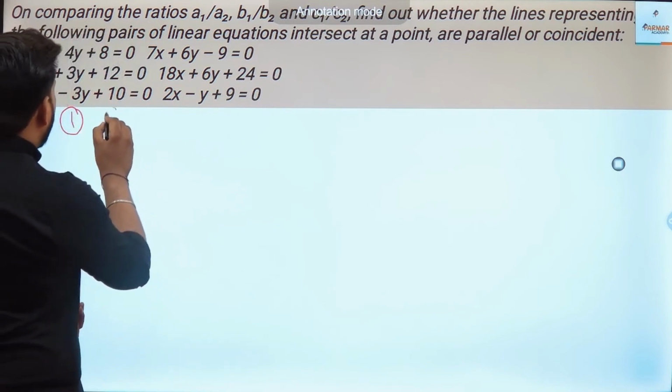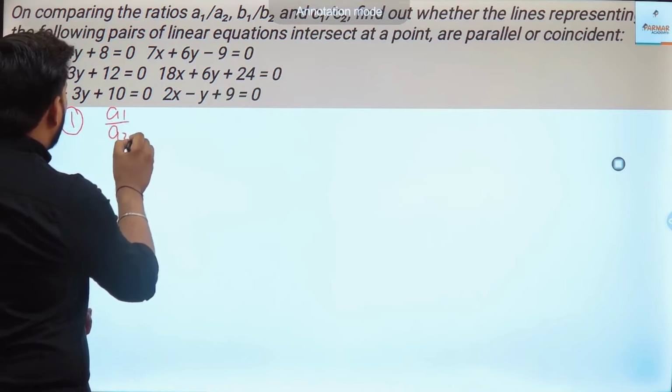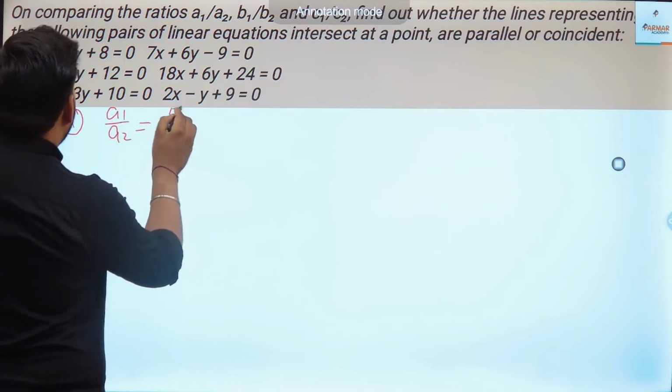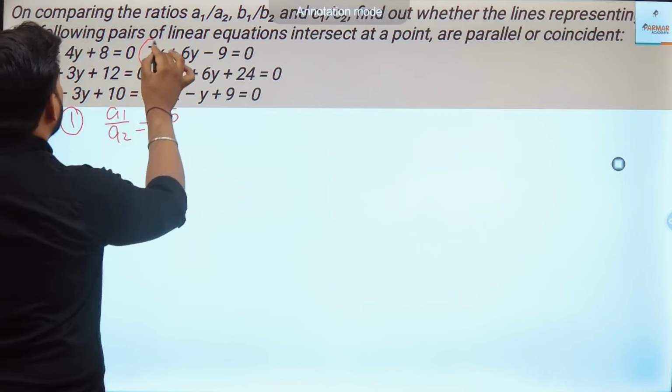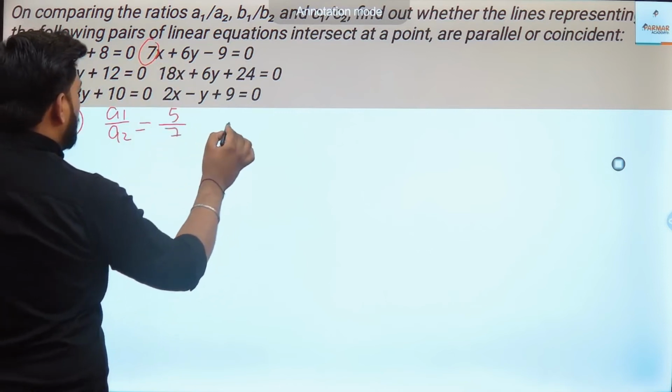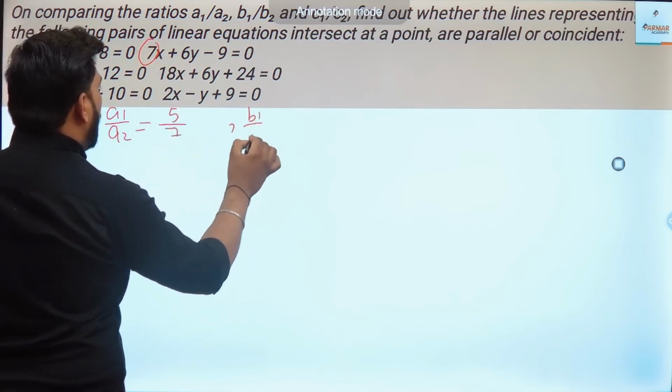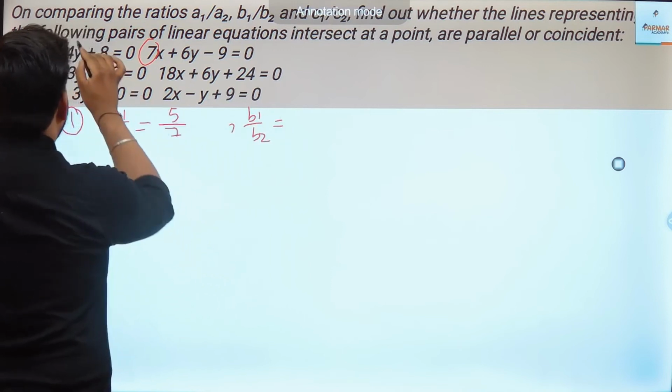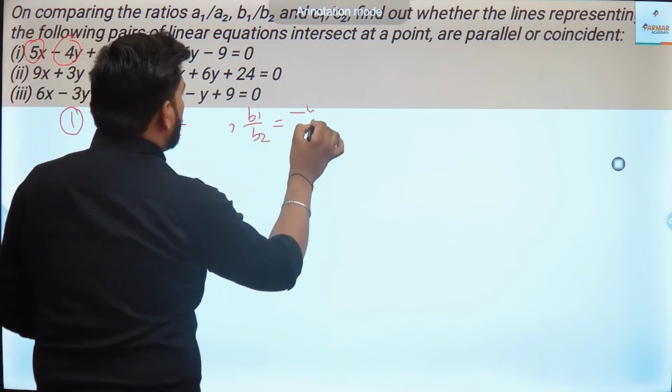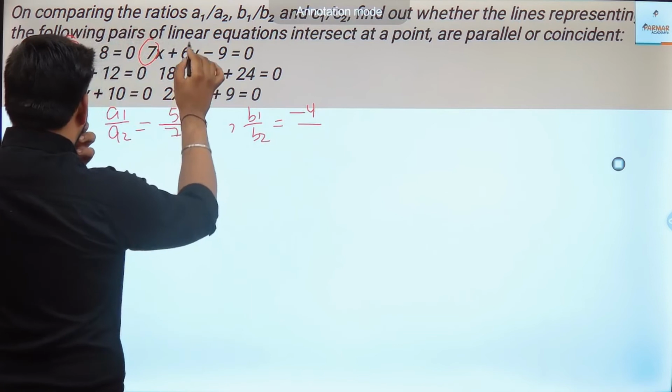What is the ratio a1 upon a2? That is equal to 5 upon 7. And b1 upon b2, the coefficients of y, that is minus 4 over 6.